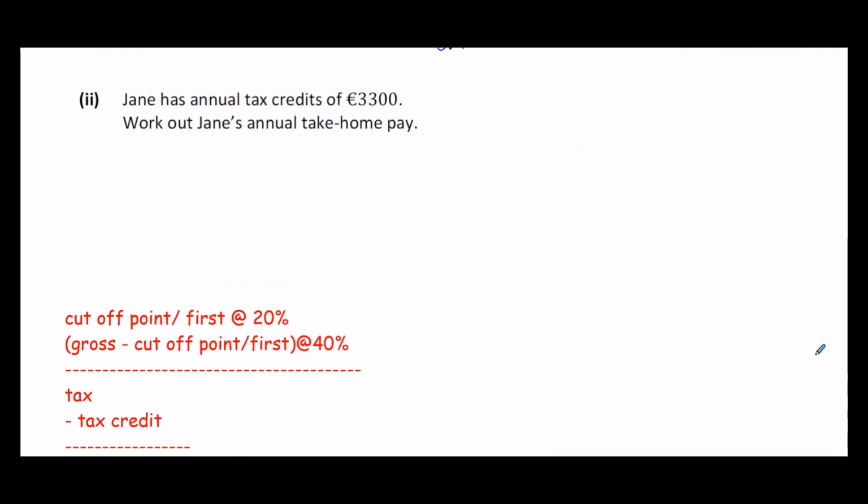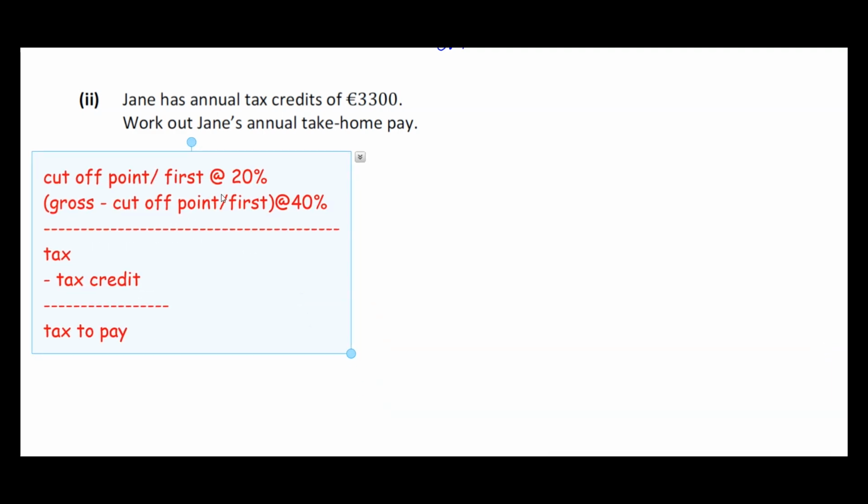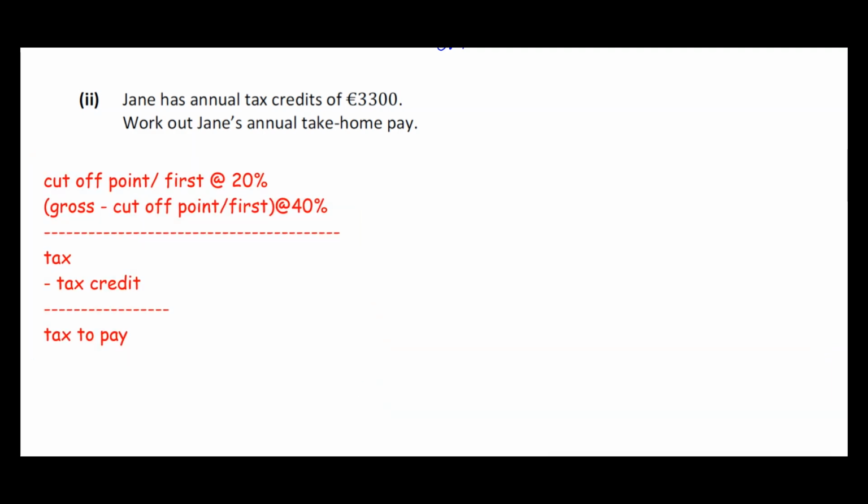Let me give you again the overall idea of how it works with the taxes. First of all, we do that calculation that we've done in part A. Very often those two parts are not divided. So we've already done 44,300 multiplied by 20%, and we got 8,860.